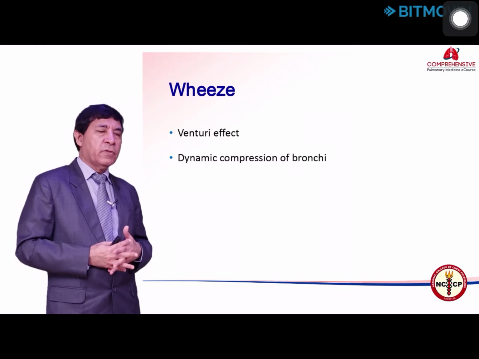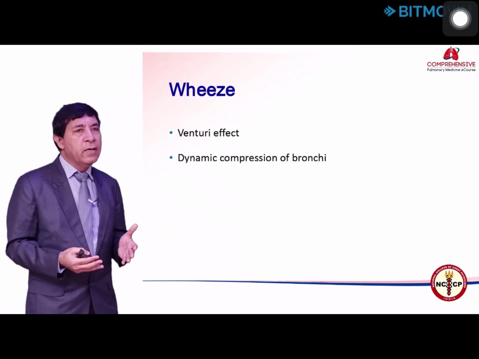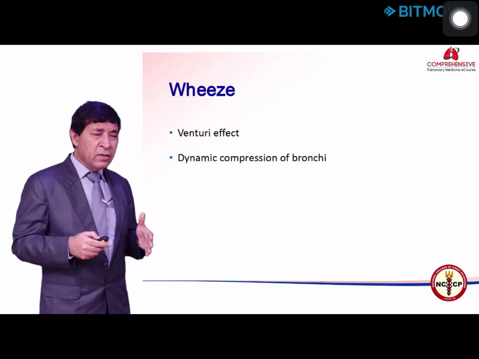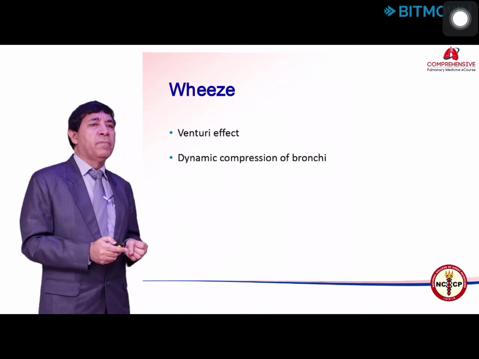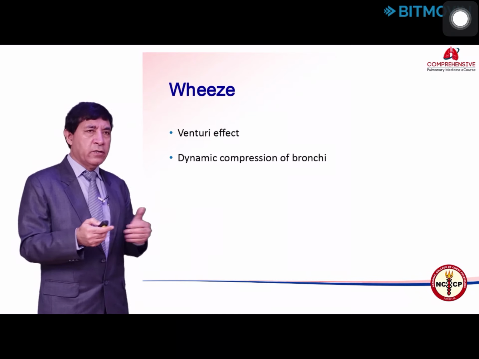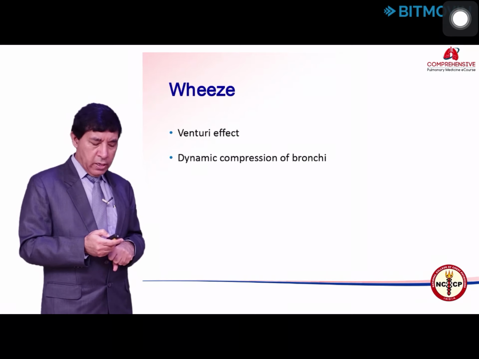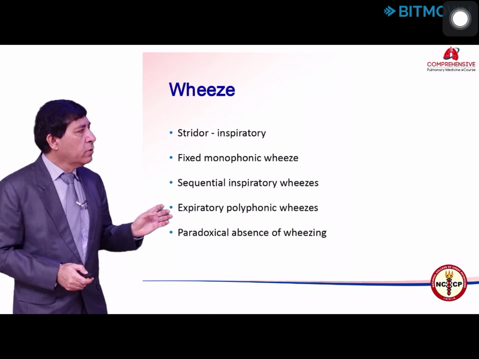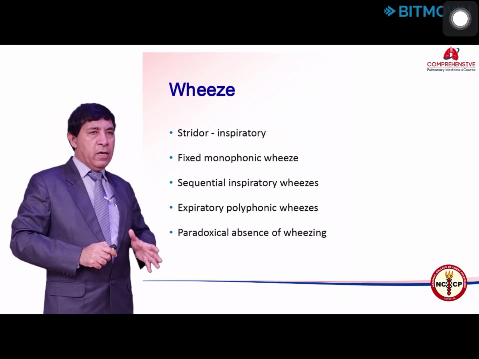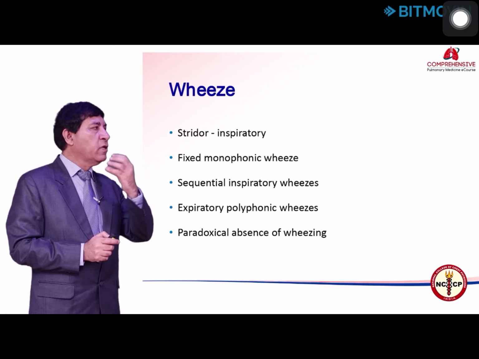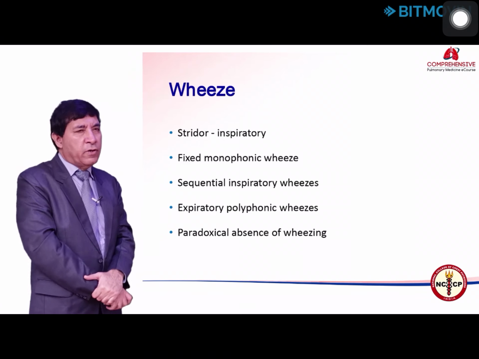The other mechanism is the dynamic compression of the bronchi, which we normally see in patients with diffuse airflow obstruction like asthma and COPD, and this is usually caused by the expiratory dynamic compression of the airways, which results in the vibration of this airway and produces what we call a polyphonic wheeze. So the wheeze can be inspiratory when it is there in the extrathoracic portion of the trachea.